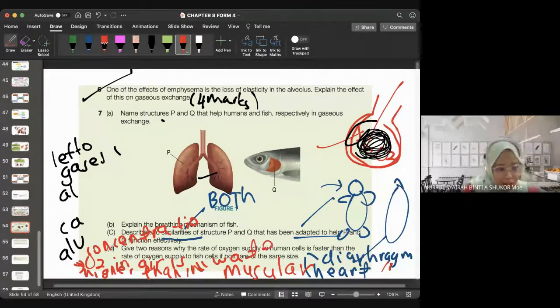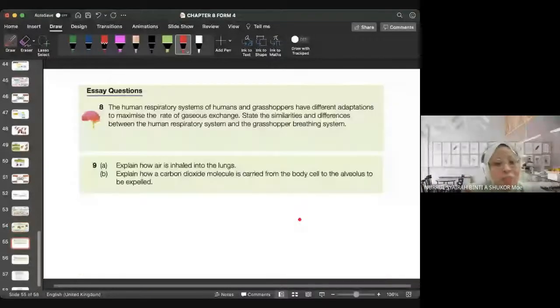So it is easier for us to get oxygen compared to in water, where it has to dissolve in the water and so on, so there is less. Okay? Number 8. The respiratory systems of humans and grasshopper have different adaptations. State similarity and differences. Easy. Both, blah blah blah, differences. What is our breathing system, how do we control our thoracic cavity, how does it control. Easy. Explain how air is inhaled into lungs.